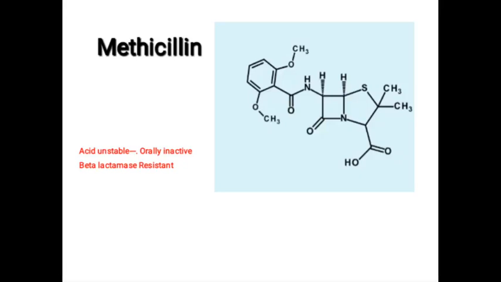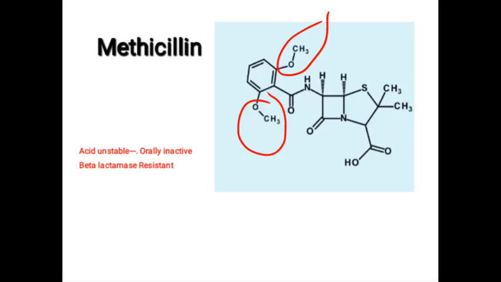Okay, so yes, what you've said is right. We have an introduction of a bulk group right there. You're following closely. Now, placing a bulky group on the side chain prevents the beta-lactamase enzyme from reaching the beta-lactam active site.